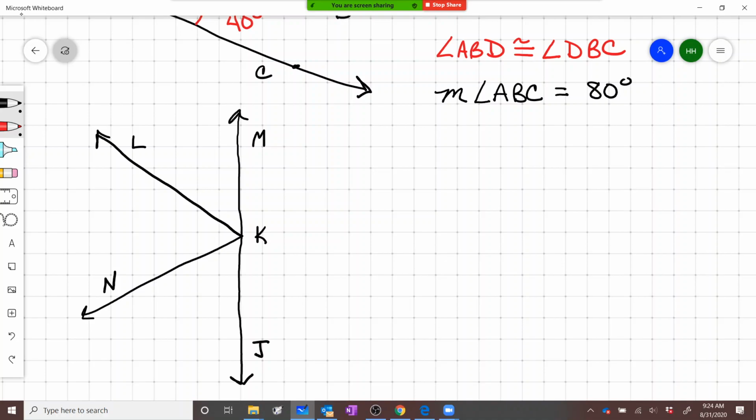Alright, in the figure, ray KJ and ray KM are opposite rays. KN bisects JKL.